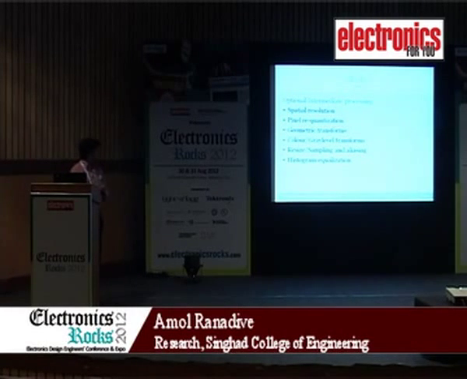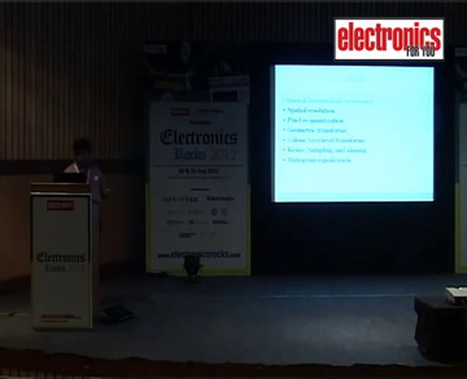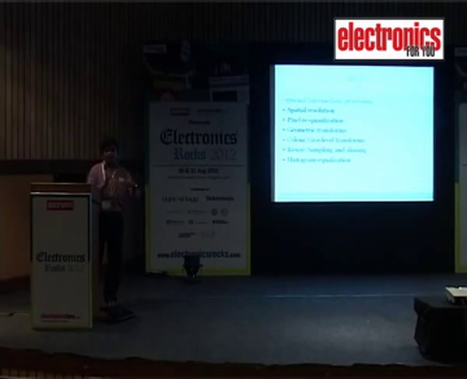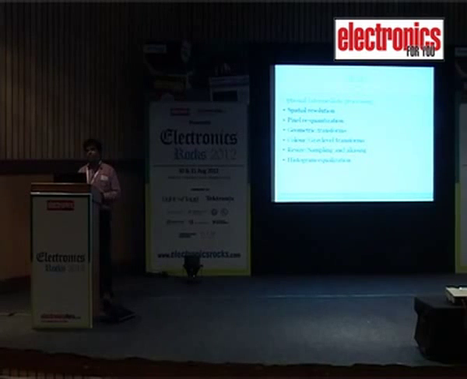When dealing with these intermediate processes, we have spatial resolution that can be adjusted, and pixel requantization. Pixel requantization is just like what we saw, bringing 24 bits into an 8-bit representation. That's a pixel quantization activity that we already did.